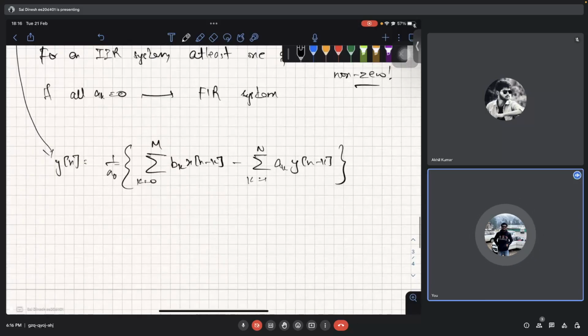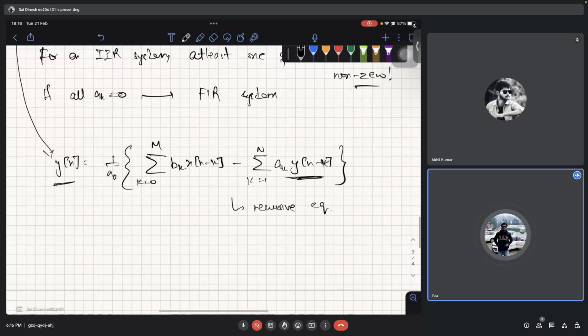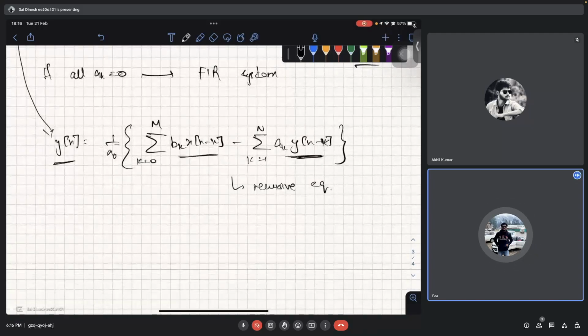So this is known as the recursive equation, basically. Why? Because we see that y of n is dependent on all the previous outputs and the input at previous time instants. So this is known as the recursive equation, right? So, infinite and finite impulse response.